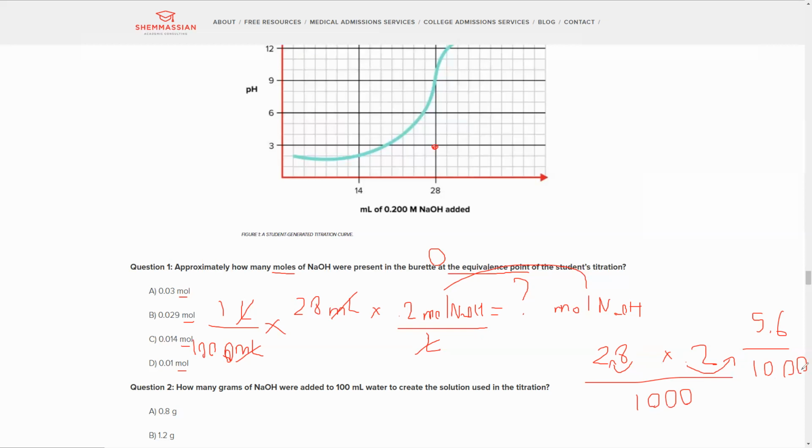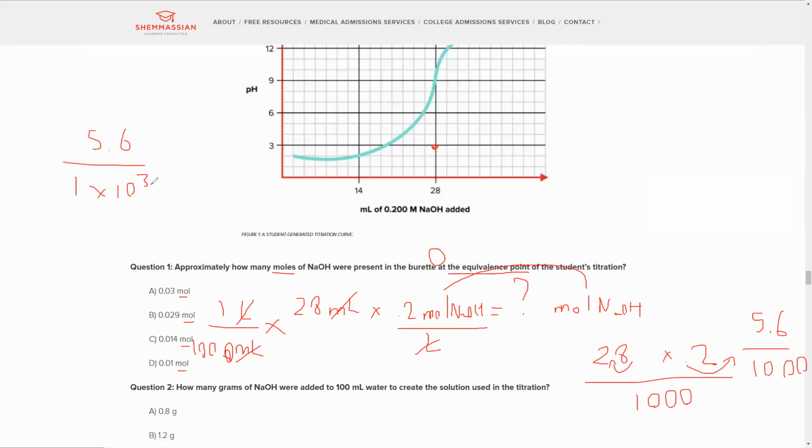Since I have all these numbers in the bottom, what I'd like to do is, yeah, 28 milliliters of 0.2 molar. So 5.6 times 1 times 10 to the third.